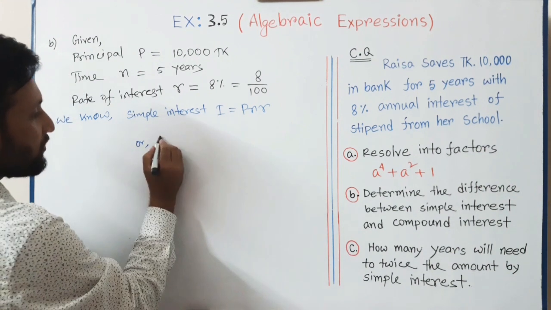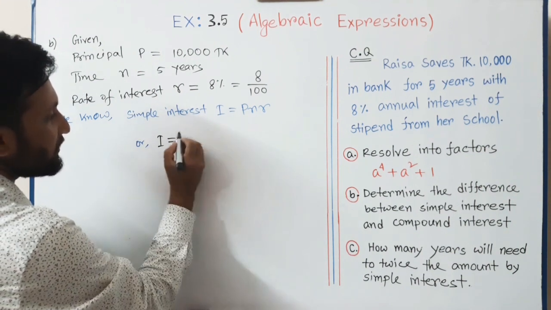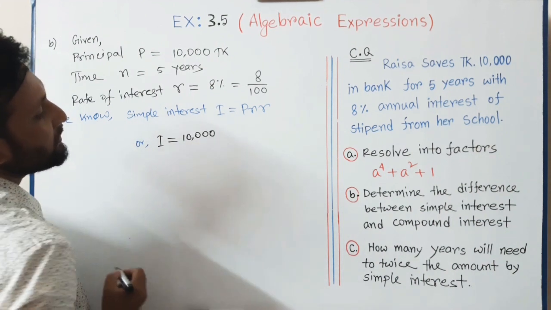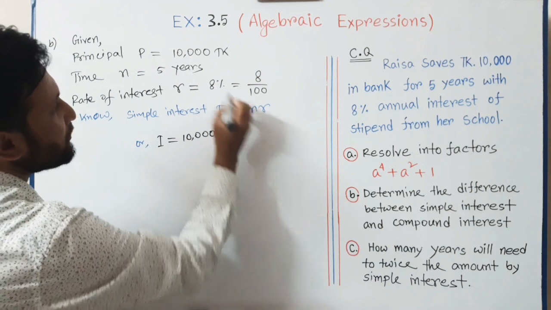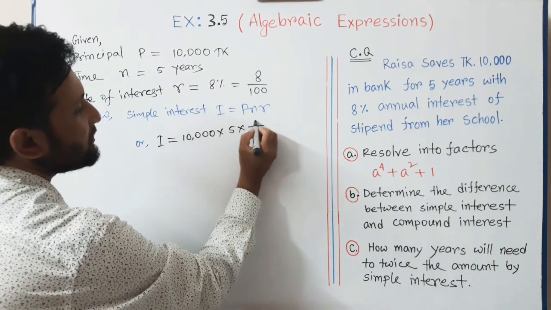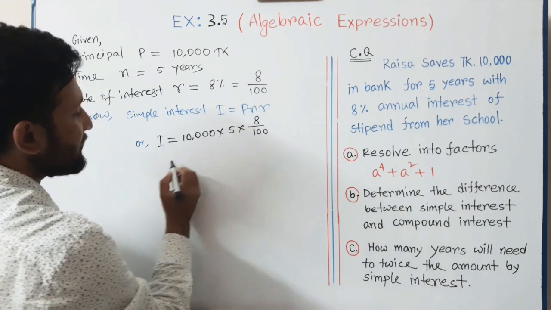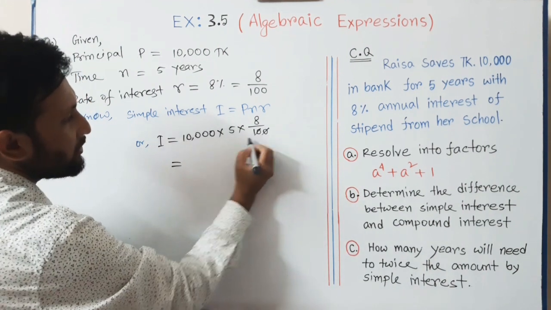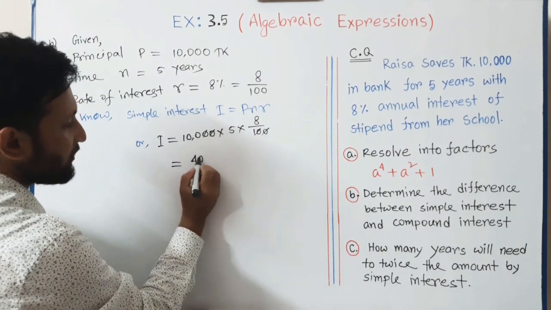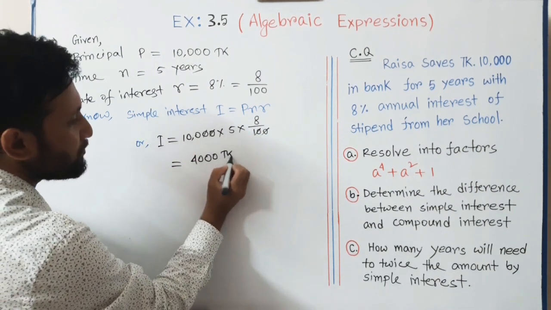I equals P, the total principal amount 10,000 taka, into number of time 5 years, and then rate of interest 8 divided by 100. By simple calculation we get 4,000 taka. This is the simple interest.